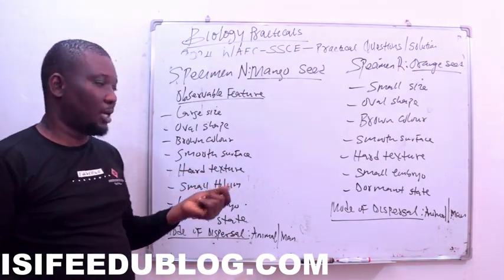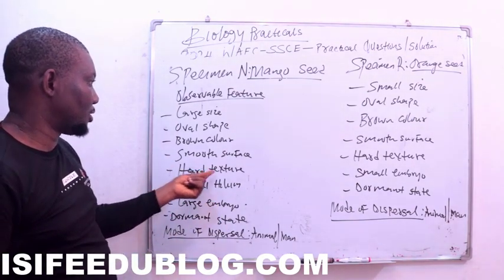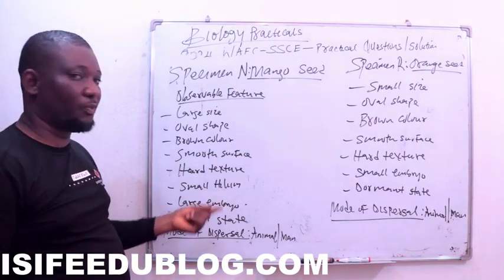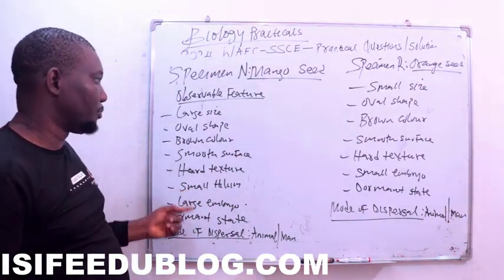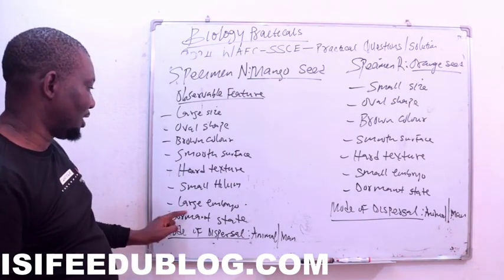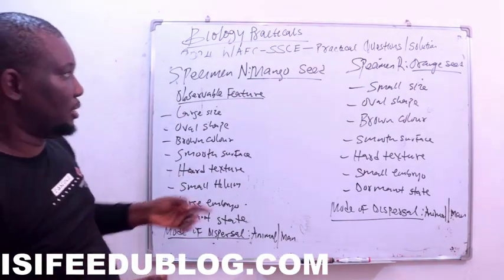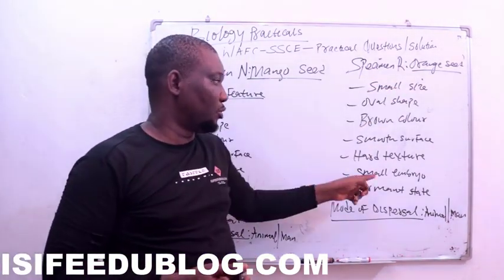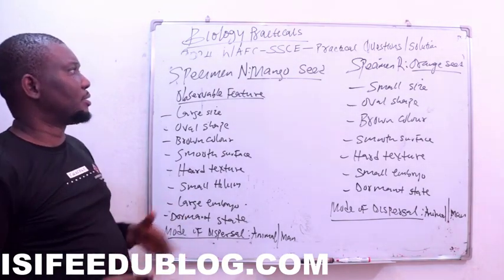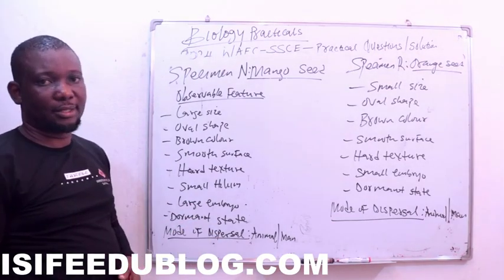Hard texture, small hilum, that is, the point of attachment to the fruit is small. There's also a small point of attachment for the other. Large embryo, since it bears a large seed; the one that bears a small seed should also have a small embryo. You also know that since the seeds are dry, they are dormant at that state.